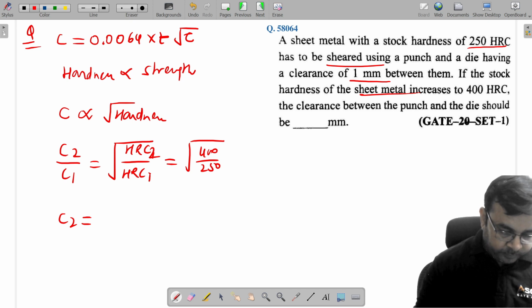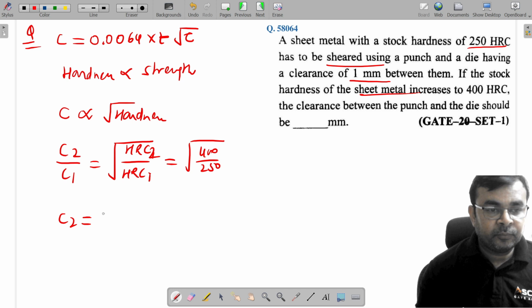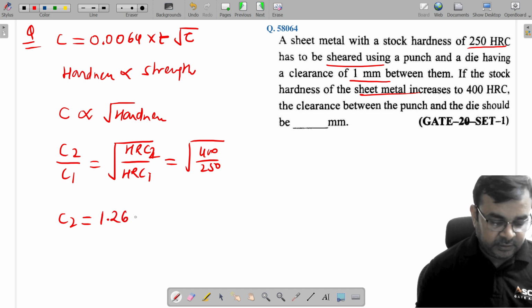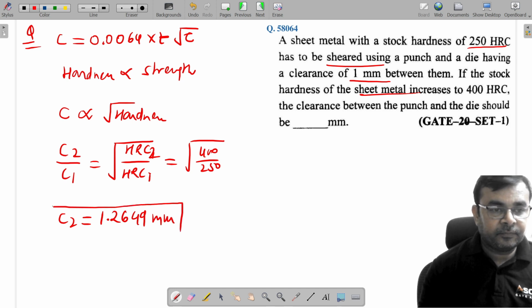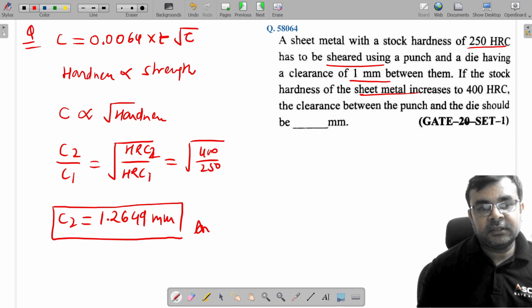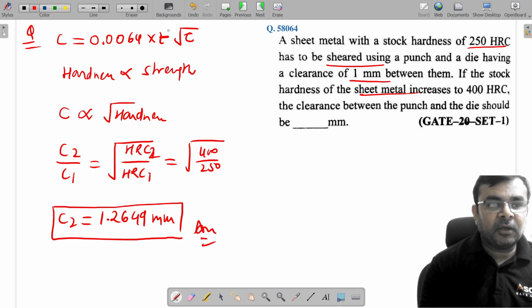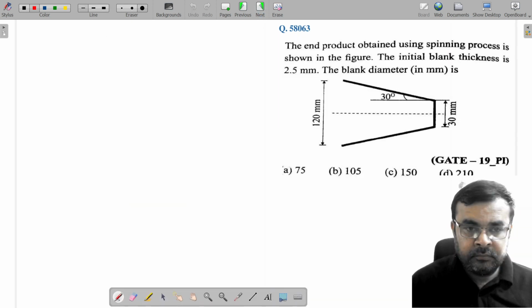So simply we can say it is the square root of 400 by 250. So this is 1.2649 millimeter. This is the correct answer. And this formula we already saw in the previous lecture. Okay, so let's see.